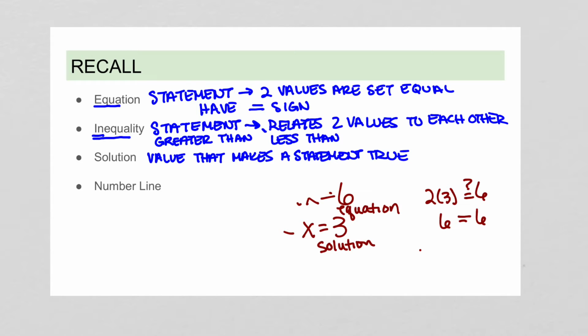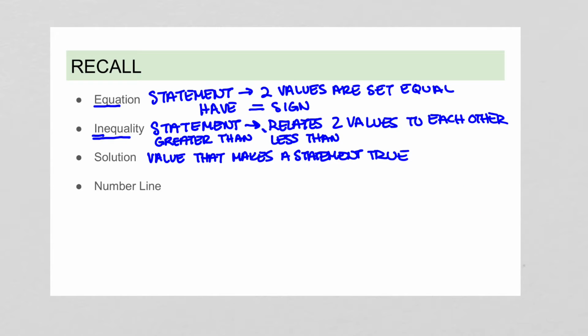Okay, let's get back on track. A number line. We're going to recall this. This is something you've used for a long time in math. It's just one line with arrows on each end. For our purposes, we're probably going to have 0 and some positive numbers and also some negative numbers because we work with integers.